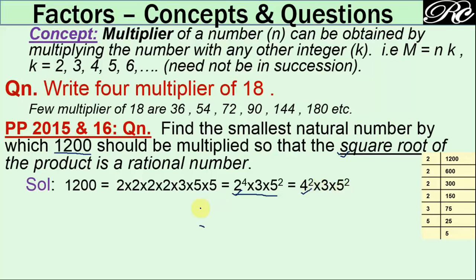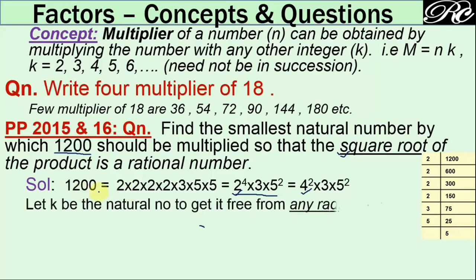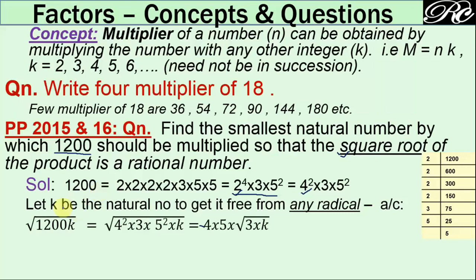Now we have to get the other natural number by which we shall multiply this 1200. So let that natural number be k. Then after multiplying this 1200 with k, we have to take the square root. So the square root of this 1200k becomes like this: 4 square into 3 into 5 square into k.